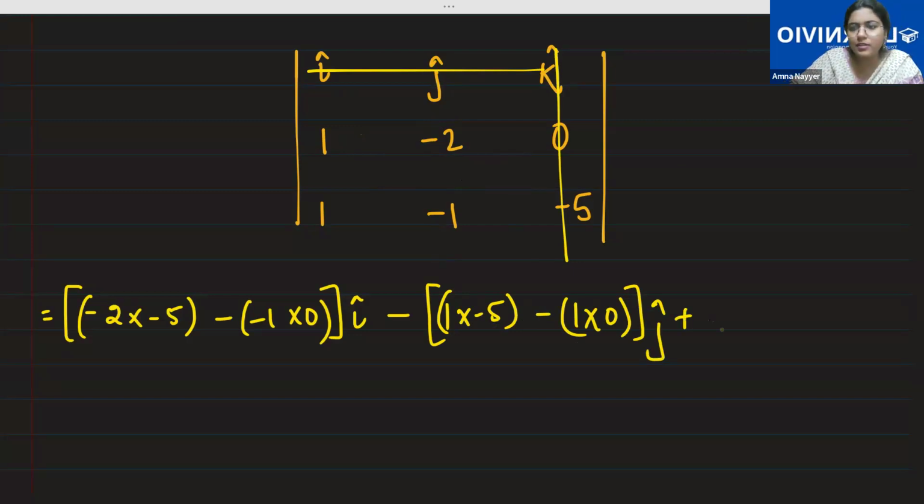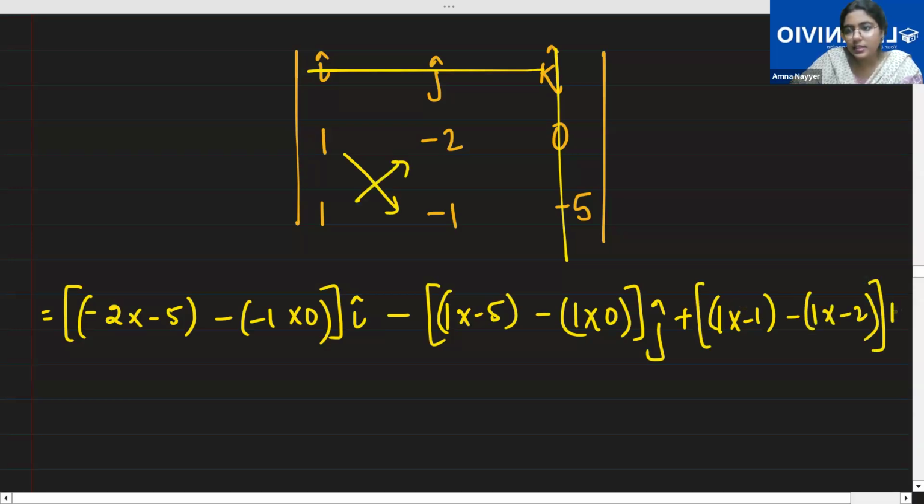Now for k cap you can put a simple plus. Now 1 into minus 1, minus 1 into minus 2. This is k cap.